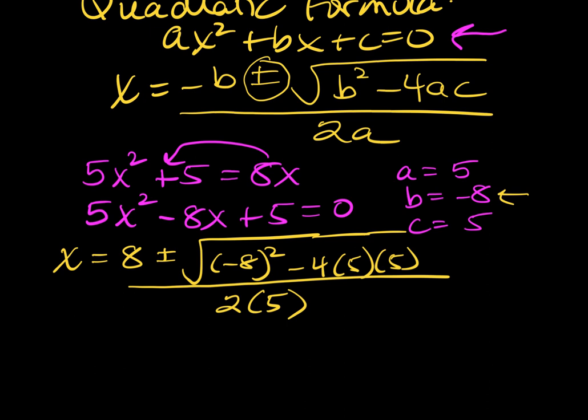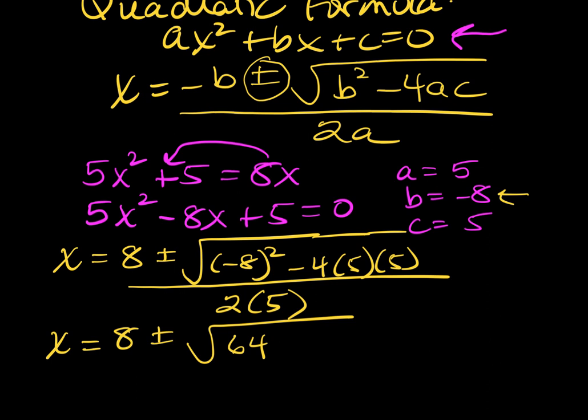So the quadratic formula is really not conceptually hard at all because you're just plugging in, but there's a lot of room for arithmetic mistakes. So you have to be really careful under that radical and deciding what stays negative, what becomes positive. For example, that (-8) squared should be a positive 64.